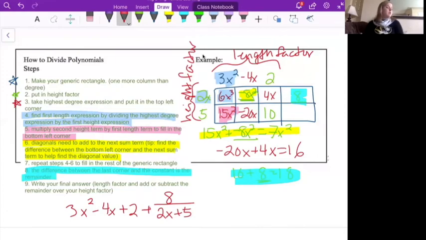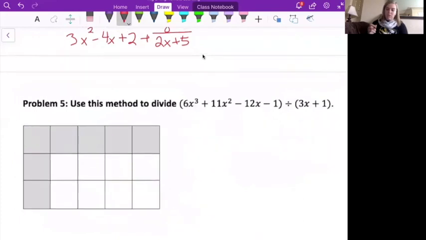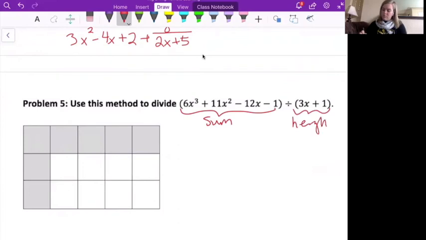Okay, so we're going to look at 2 more examples of this. So again, this is going to be your sum. This is your height factor. So then we're going to put 3x and 1 here. And then this is my highest, so 6x cubed goes here.